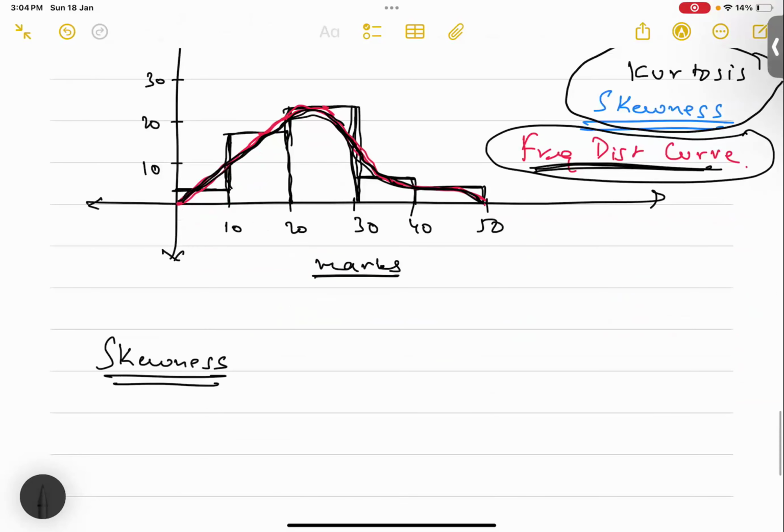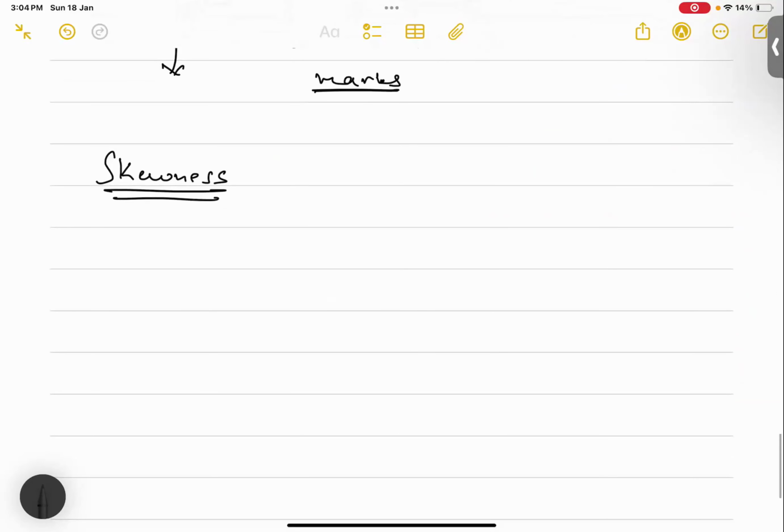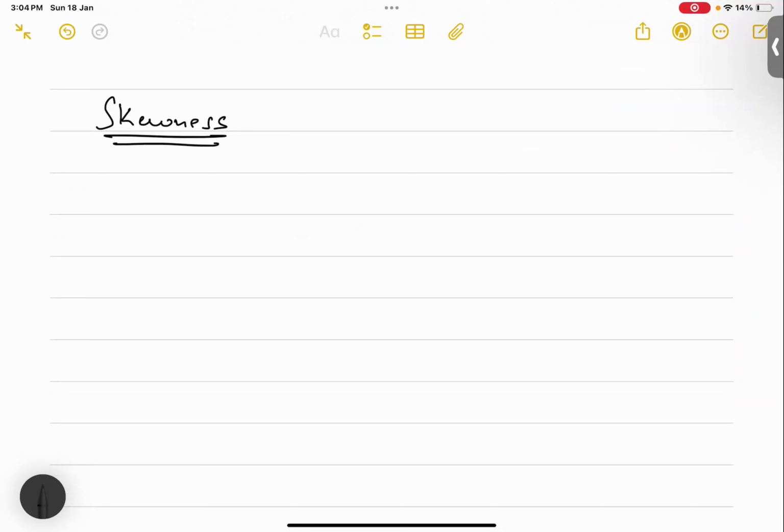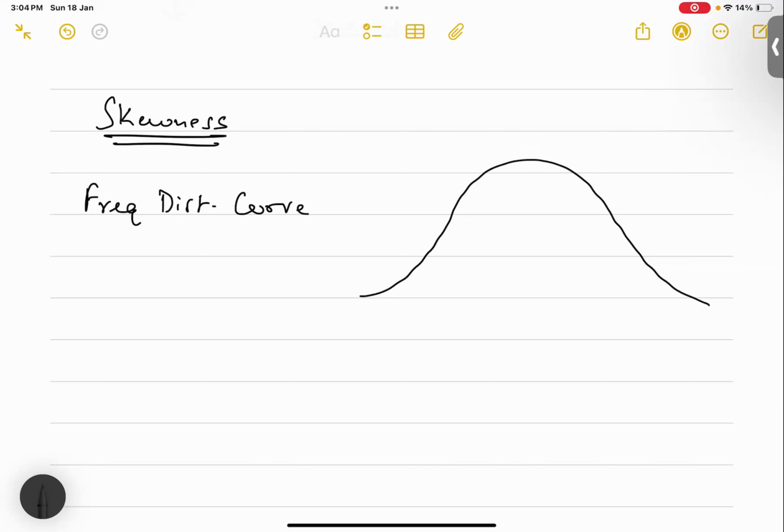Okay, so skewness. If the frequency distribution curve's shape is like this, now this you need to copy for your theory.